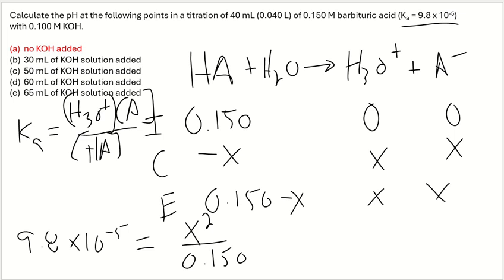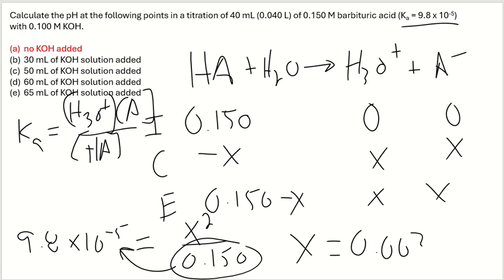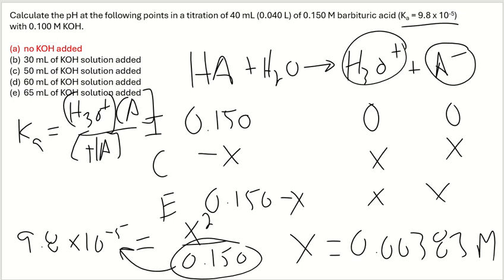So when we do the math, if we multiply 0.15 times our Ka and then take the square root, we get x is equal to 0.00383 molar. That is the concentration of our H3O plus and our A minus. Now, again, that is the concentration of our H3O plus.